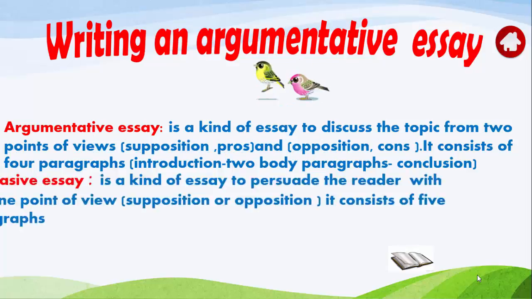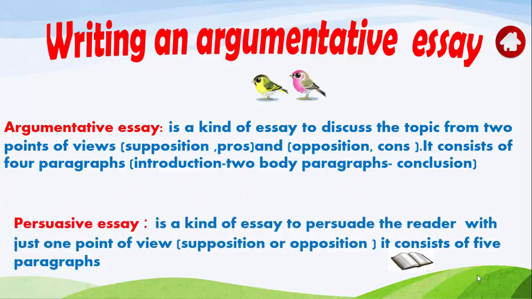When it comes to the persuasive essay, it's defined as a kind of essay to persuade the reader with just 1 point of view, supposition or opposition, and it consists of 5 paragraphs.